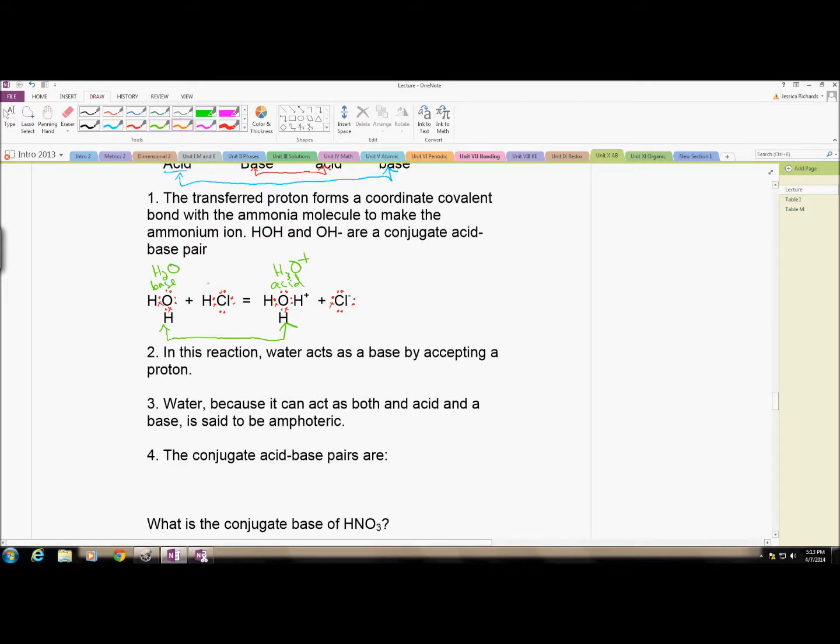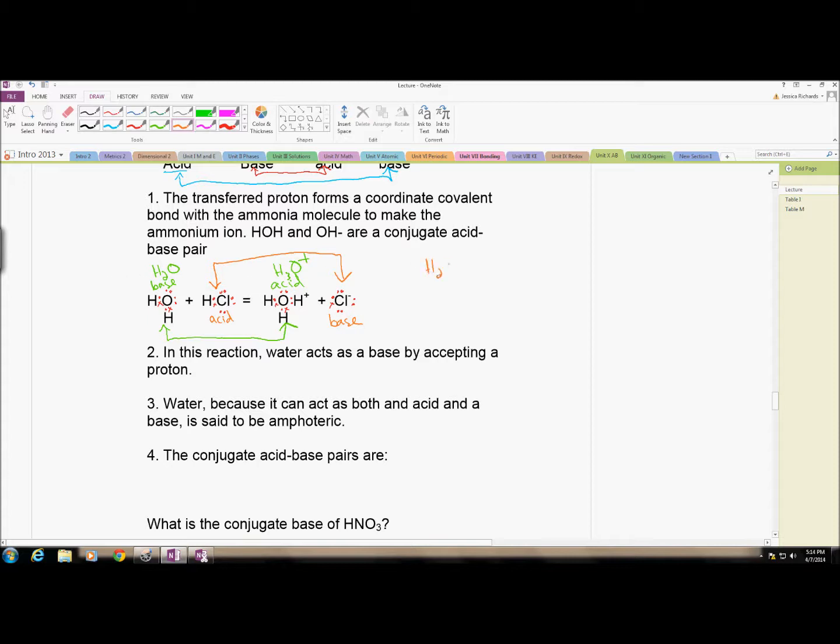If we pair up the HCl with what it turns into, which is a Cl- ion, our HCl goes from HCl to just Cl by losing the one proton, so it's a proton donor, and it is an acid in the forward reaction. The Cl- turns back into HCl by accepting one proton, so the Cl- is a base in our reverse reaction. We call these conjugate acid-base pairs.